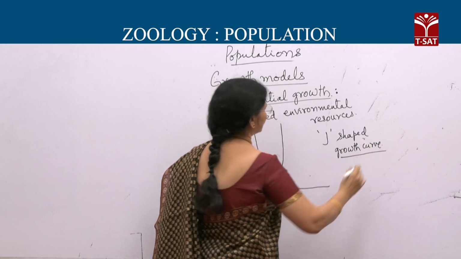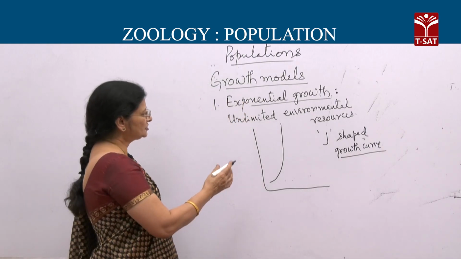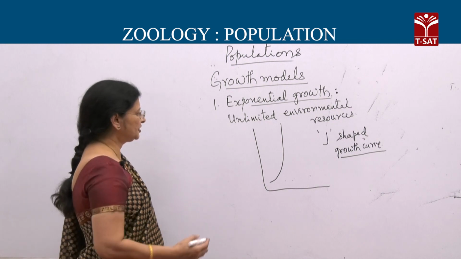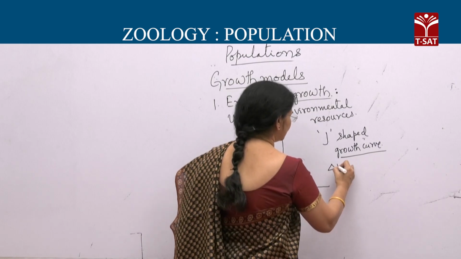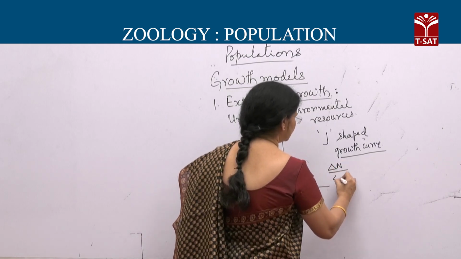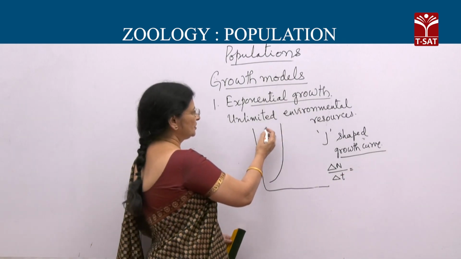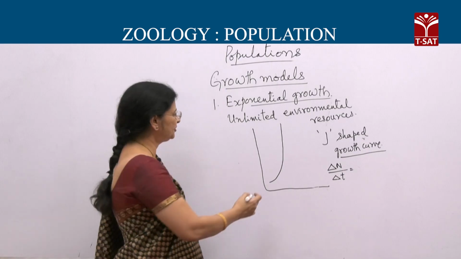This is called exponential growth curve. Resources are unlimited. So this they can calculate by delta N by delta t is equal to, let me repeat this. Under unlimited environmental resources, we find the growth curve.